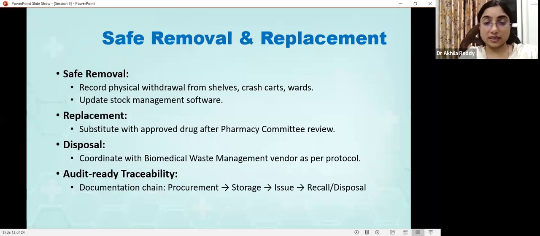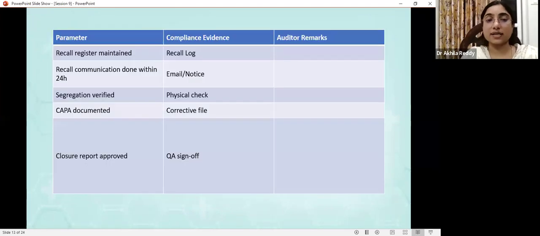Whenever they remove or replace a drug, there should be a committee called the pharmacy therapeutic committee. The disposable drugs must be discarded through the biomedical waste management vendor, and we must take the condemnation certificate. And from procurement to drug recall, it should all be documented.